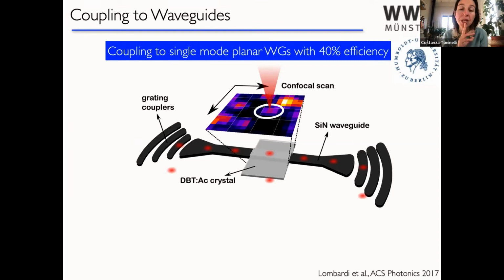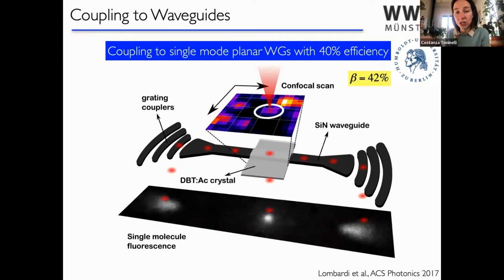Okay, that was the simplest approach to integration, although in the end it was not so simple. So we deposited spin-coated crystals this time on top of a silicon nitride waveguide. We selected molecules exploiting confocal scanning techniques that were in close proximity to the waveguide, and we imaged the entire fluorescence from the entire chip.